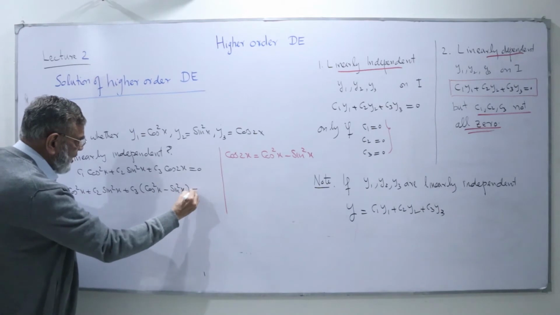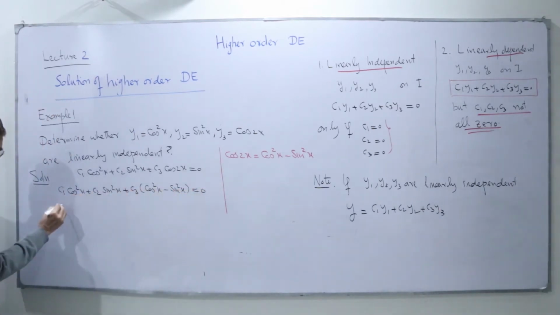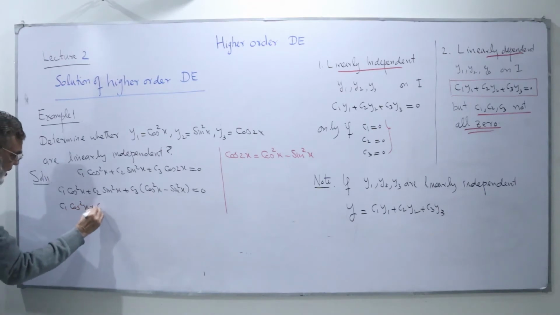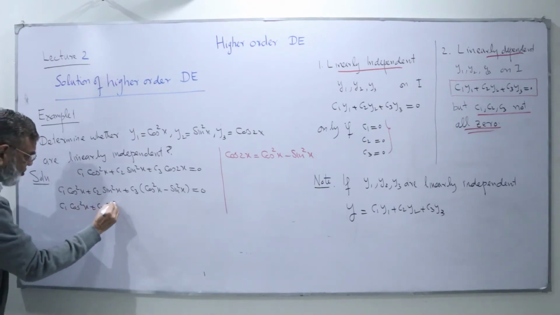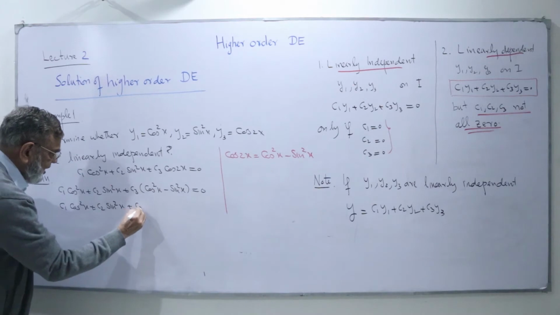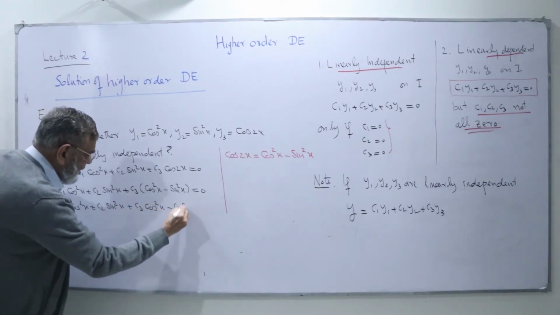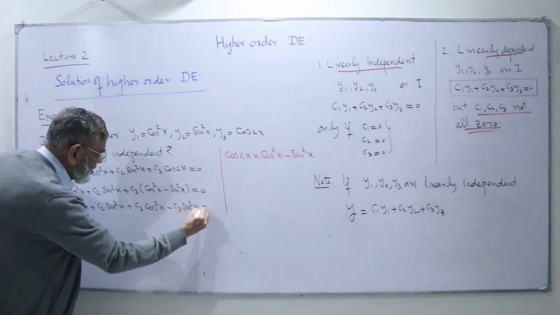Opening this, we get C1 cosine square x plus C2 sine square x plus C3 cosine square x minus C3 sine square x equal to 0.